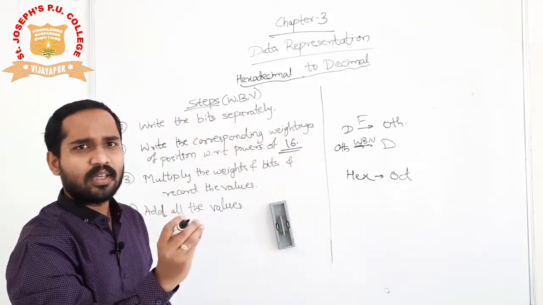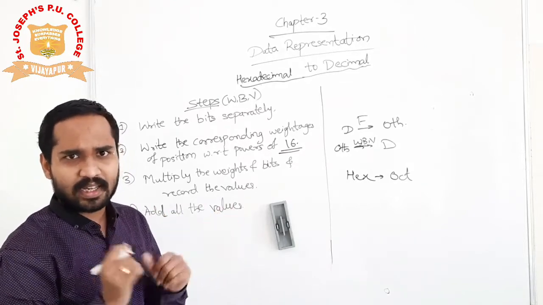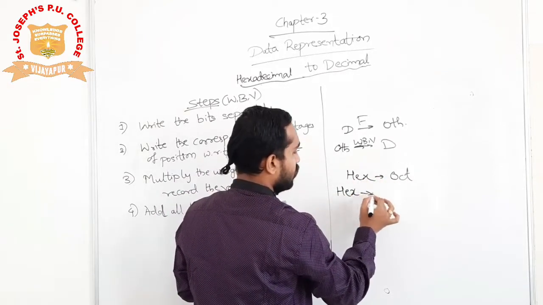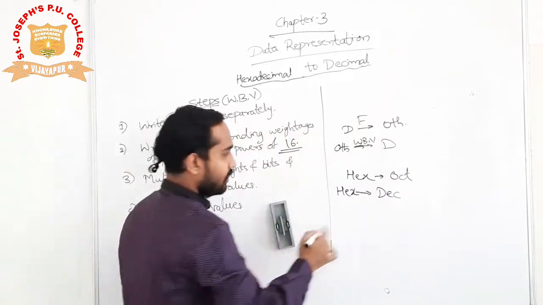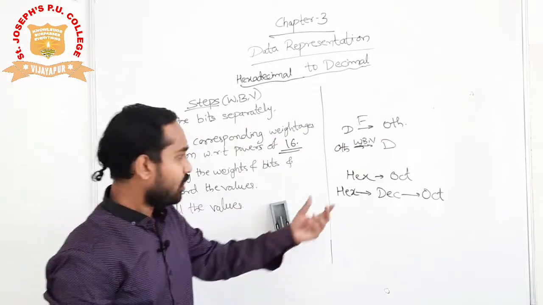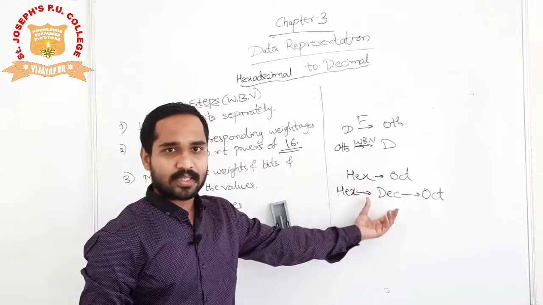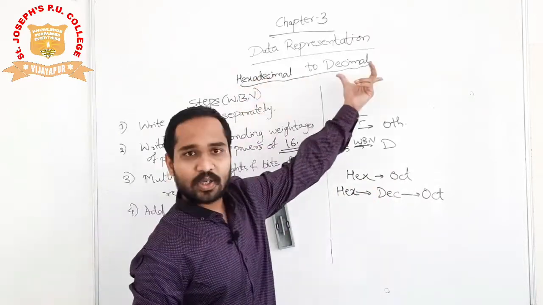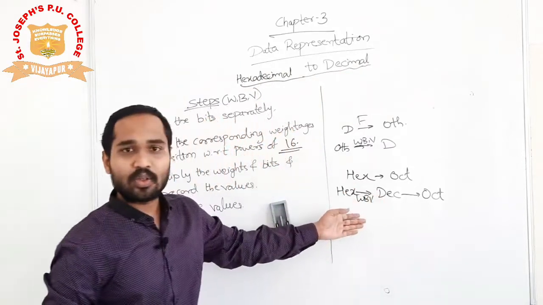Some steps may be added extra, but you'll get the correct result. How? Hexadecimal to octal: first I do hexadecimal to decimal, then I take that decimal number to octal. So if I want to convert hexadecimal to octal, first convert it to decimal. I already know the method from hexadecimal to decimal, WBV.